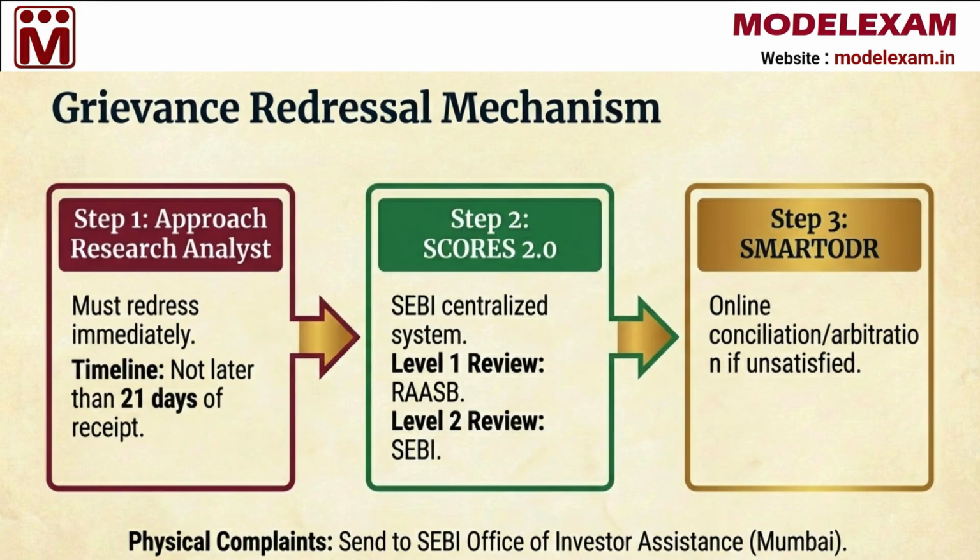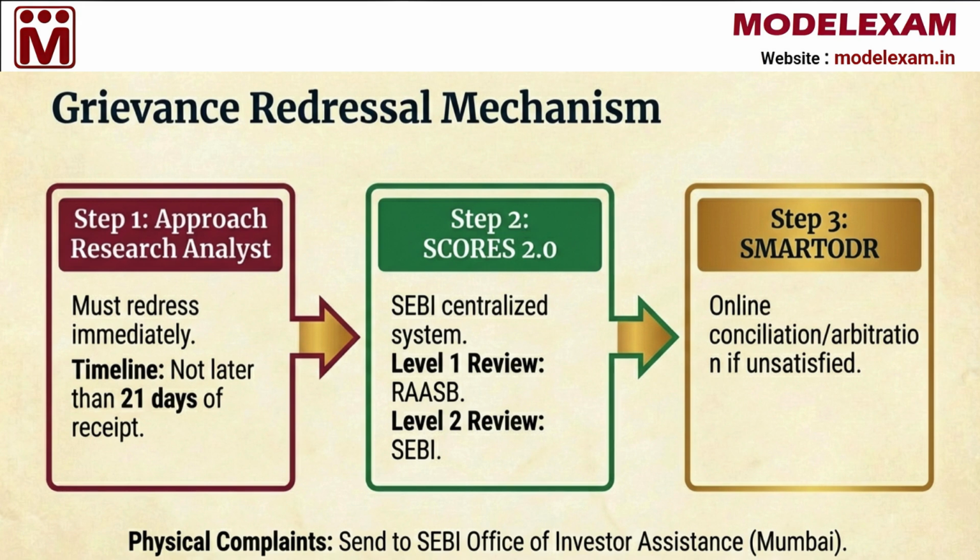If things go wrong, there is a structured grievance redressal mechanism. Step 1 is to approach the research analyst directly. They are required to resolve the issue immediately and definitely not later than 21 days. If that fails, step 2 is to use the SEBI centralized system called Scores 2.0.